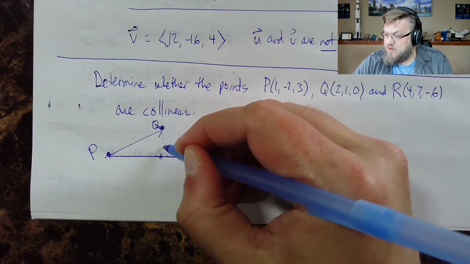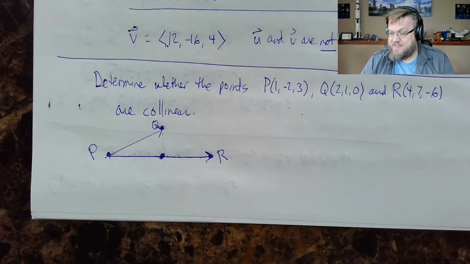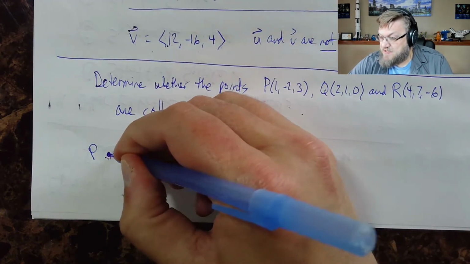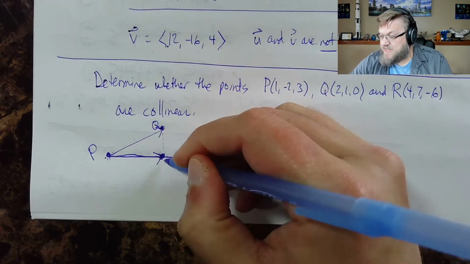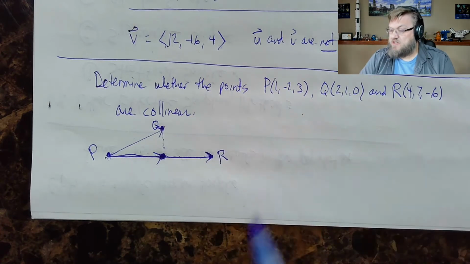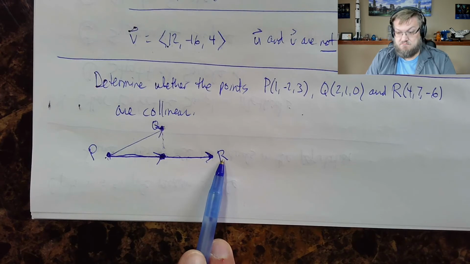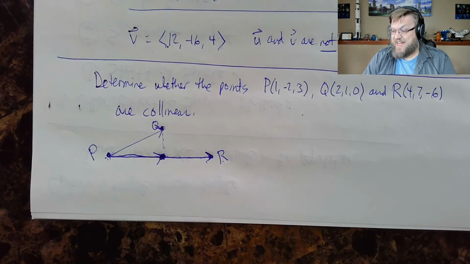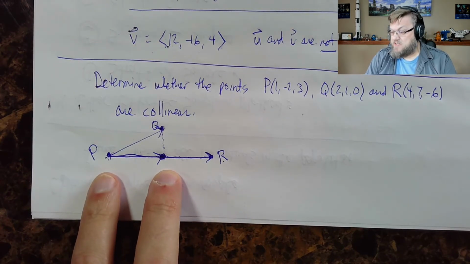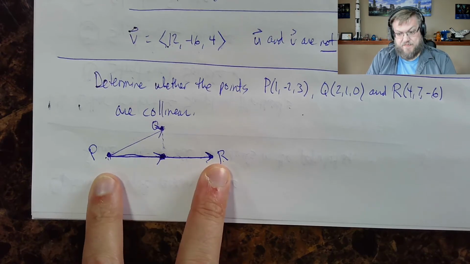Now, if Q was on the straight line, the same line, do you notice that if Q was moved down here, PQ would then be parallel to PR? Do you see that? They are just a scale of one another. This is whatever times this length here, yeah?